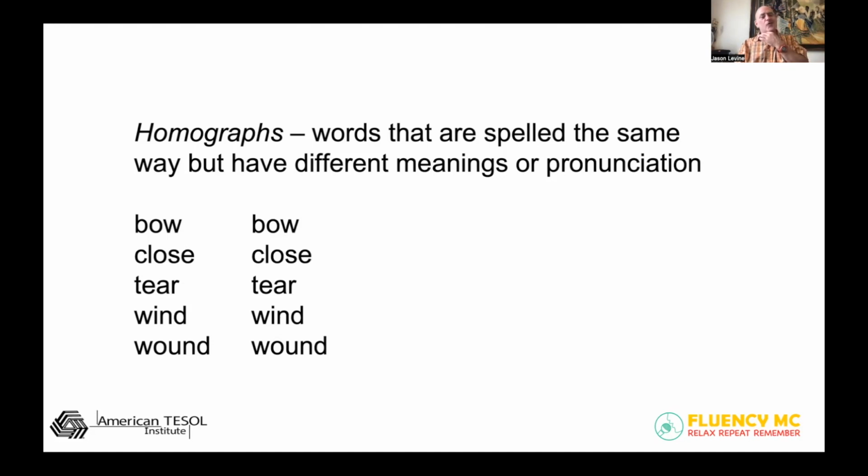Certainly close and close, right? The difference in the pronunciation really shows you that there's a big difference with these words. Tier, which most students know, and they think when they see this, and tear, but the EA sound. Oh, what other words rhyme with tier and rhyme with tear?